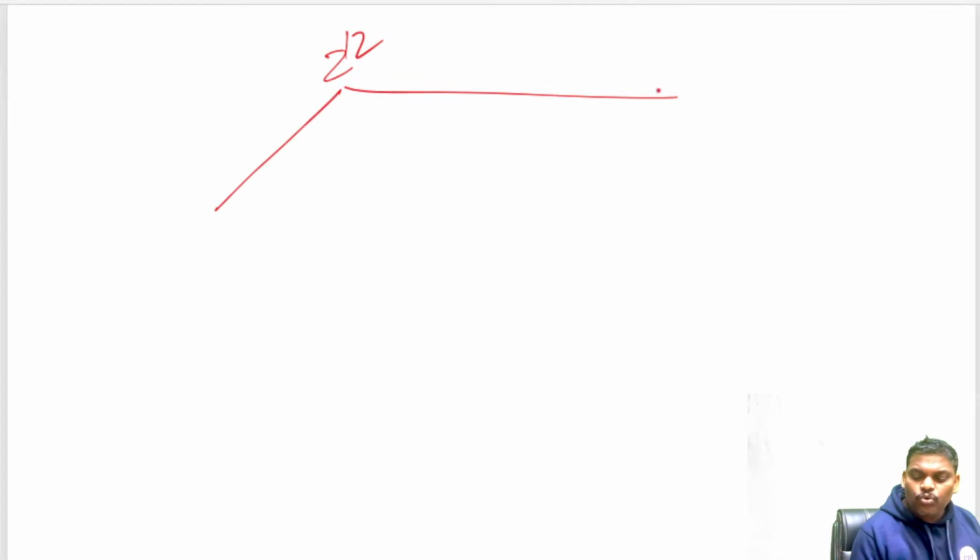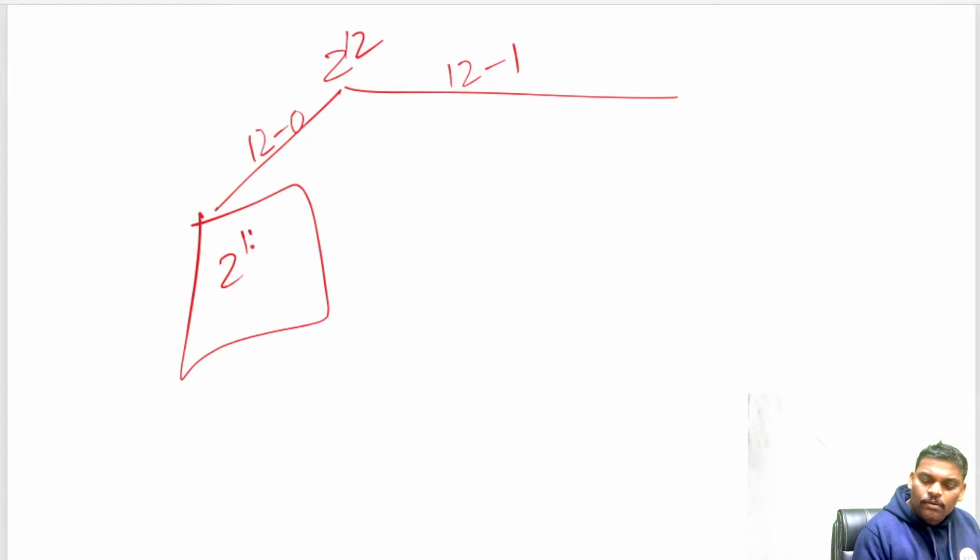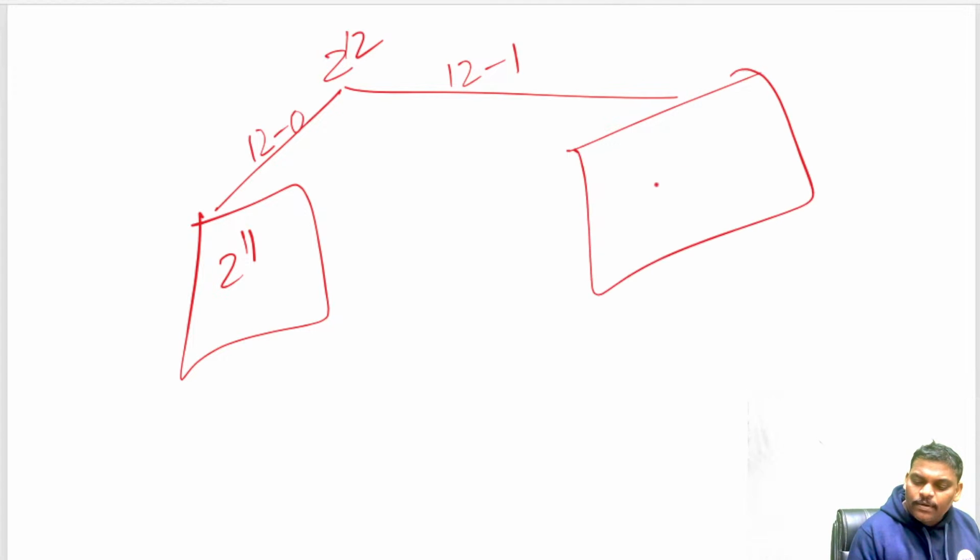So you have totally 2 power 12. Divide into 2 parts. 12th bit is 0, 12th bit is 1. So it is having 2 power 11. So this is A, assume.